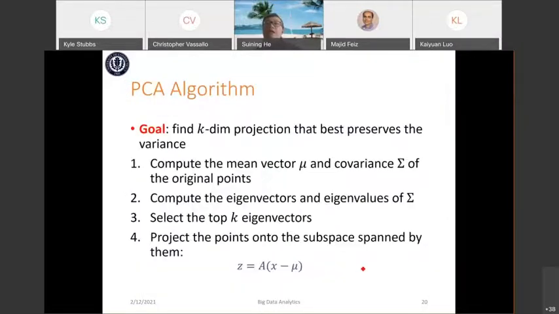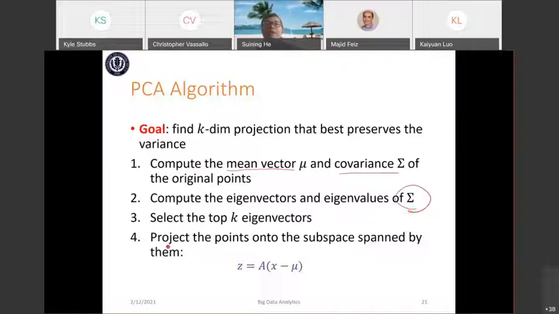So let's see the examples of the entire algorithm, and I will show you step by step with a simple example. First, we need to center the entire data point. We need to find the mean vector mu and the covariance sigma of the original data. Then we compute the corresponding eigenvectors and eigenvalues of sigma.